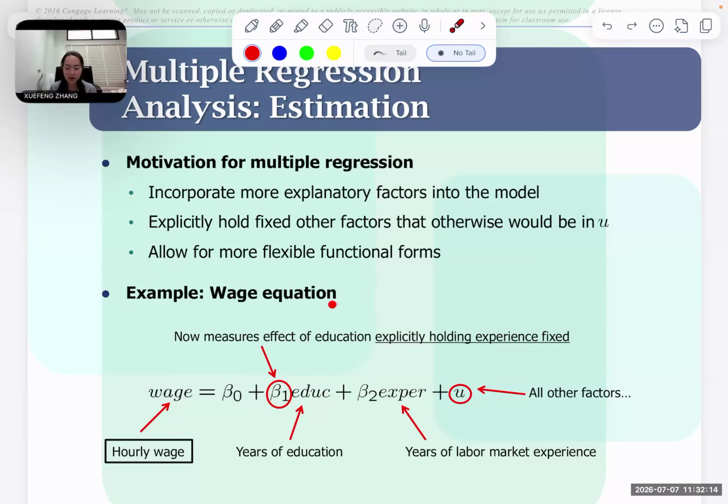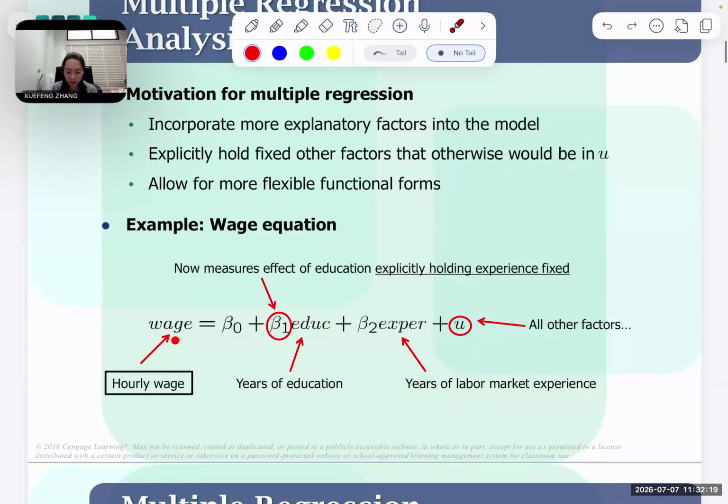Now let's look at the wage example, okay? So here we have wage equals beta 0 plus beta 1 education plus beta 2 experience plus mu. Notice the difference from simple regression. Beta 1 now measures the effect of education explicitly holding experience fixed.